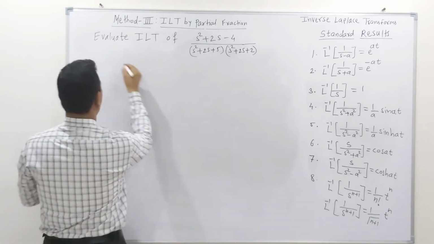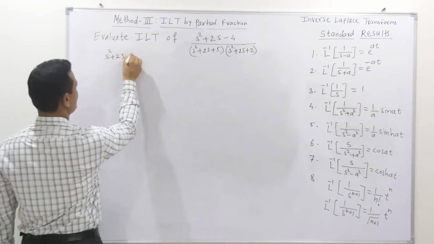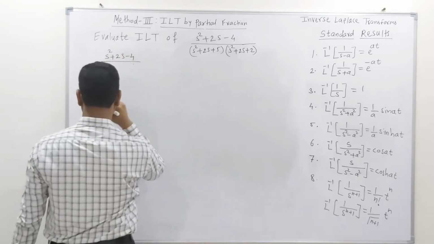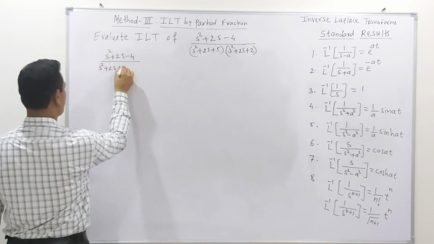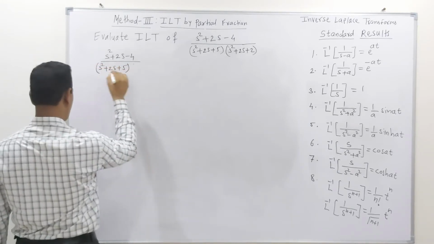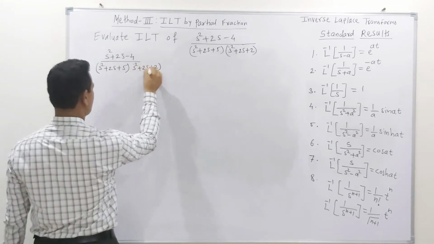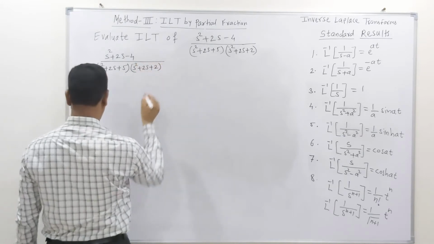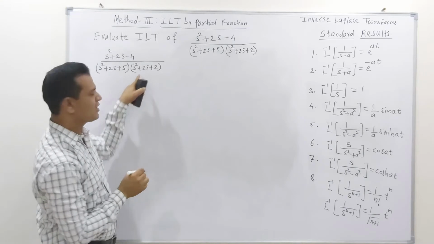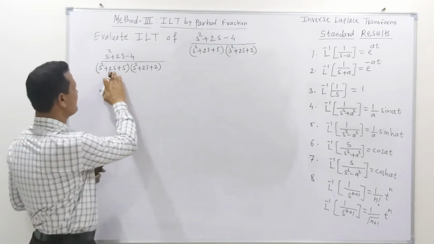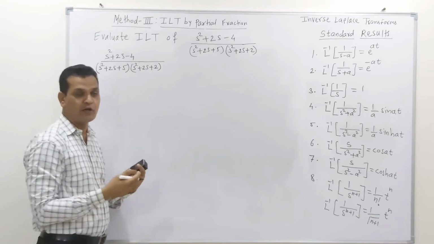If we apply the partial fraction concept, then we can write this as (s square plus 2s minus 4) divided by (s square plus 2s plus 5) times (s square plus 2s plus 2). Observe that these factors are quadratic and non-repeated. This is different, this is different.